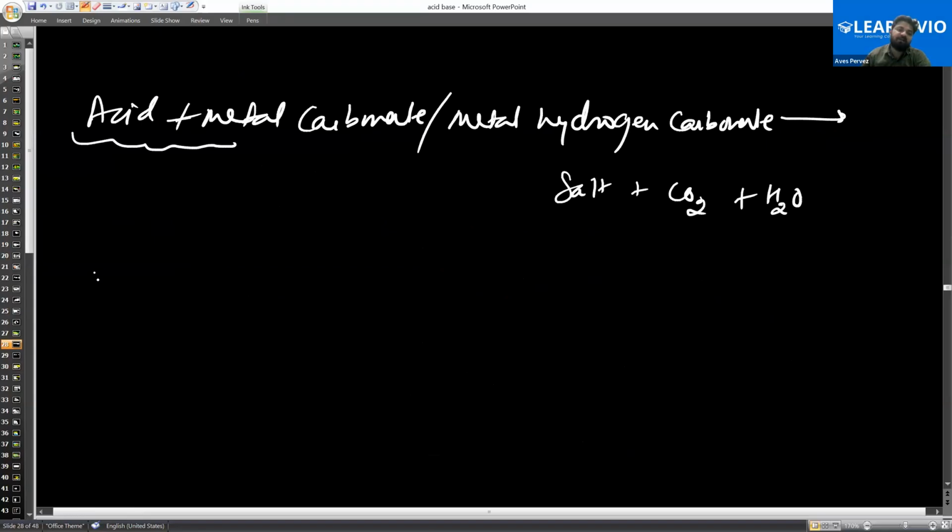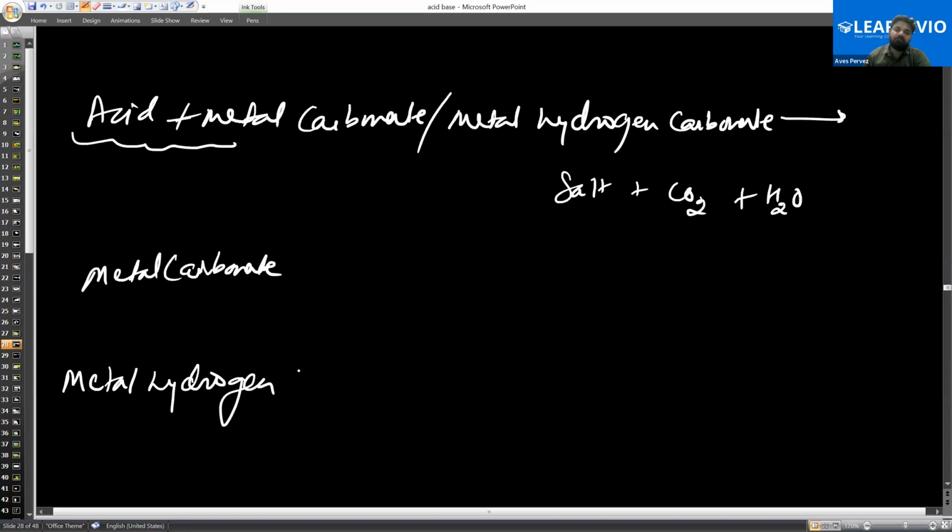First, let me tell you what metal carbonate is, and what metal hydrogen carbonate is. Metal carbonate is M, any metal, attached with the carbonate group CO3.